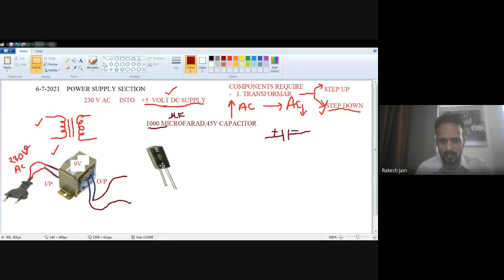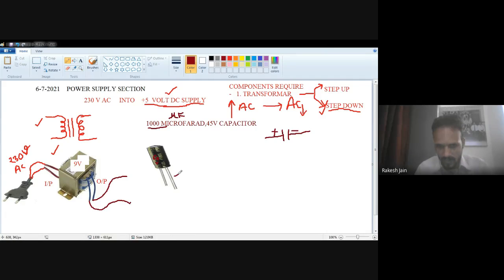Yes. So let it be a 1000 microfarad, 25 volt, 63 volt, anything. So let's suppose I purchase from the market a 1000 microfarad, and let's suppose 60 volt. You will see one terminal is long and one terminal is short.